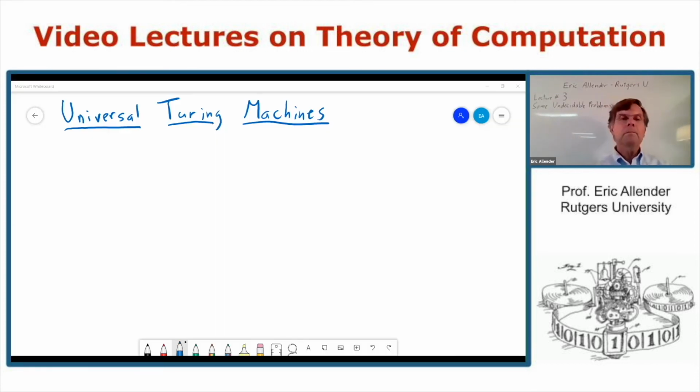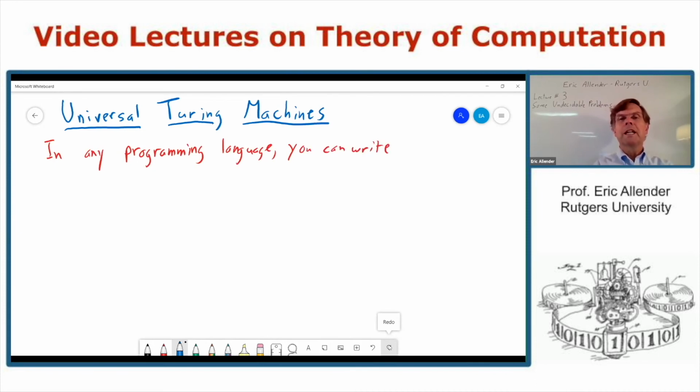So what goes on with the Universal Turing machine? What makes it universal? Well, remember, we made the argument that no matter what programming language you're working in, anything you can do in that programming language, you can also do with a Turing machine. And it's certainly the case that in any programming language, you can write a simulator. What is that?